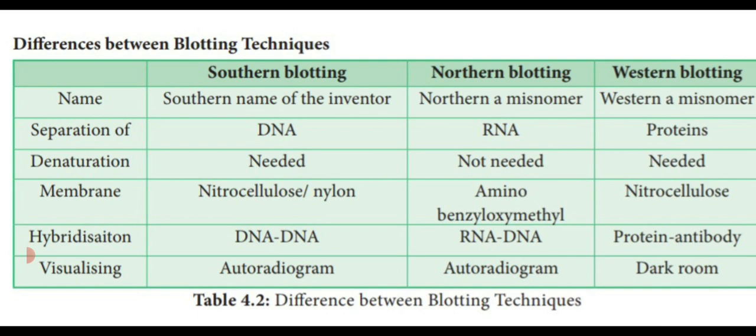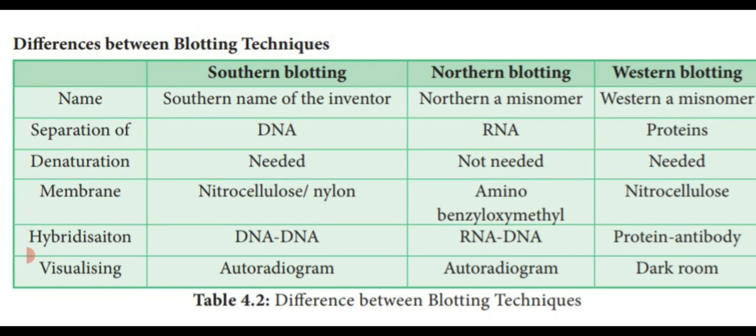First, we cut the DNA into a number of fragments and place them in the agarose gel. Then the gel with the fragments is placed in an alkali or buffer solution to denature the double-stranded DNA. Then it is placed on a platform containing the buffer.